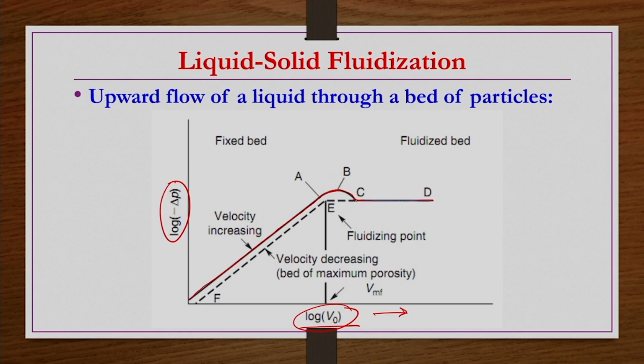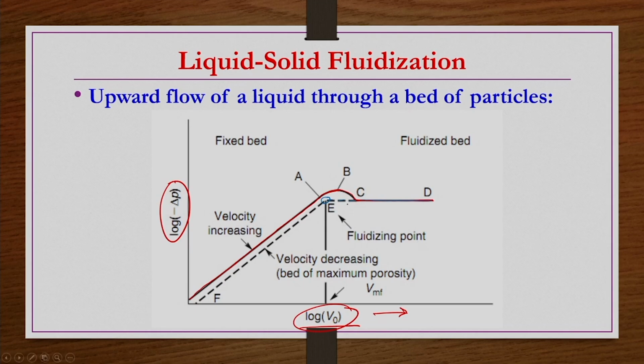Then, further decreasing the velocity, what happens? You are not going to get the same pressure drop as at B and then A; rather, the pressure drop still remains constant up to the point E. Why is that? Because during the initial packing the bed was compact, so it gave a slightly higher pressure drop at the corresponding velocity.